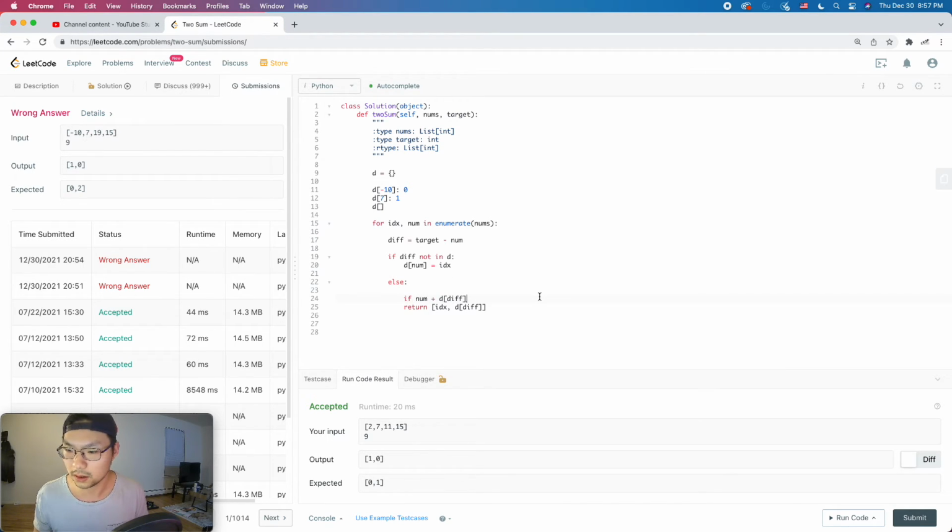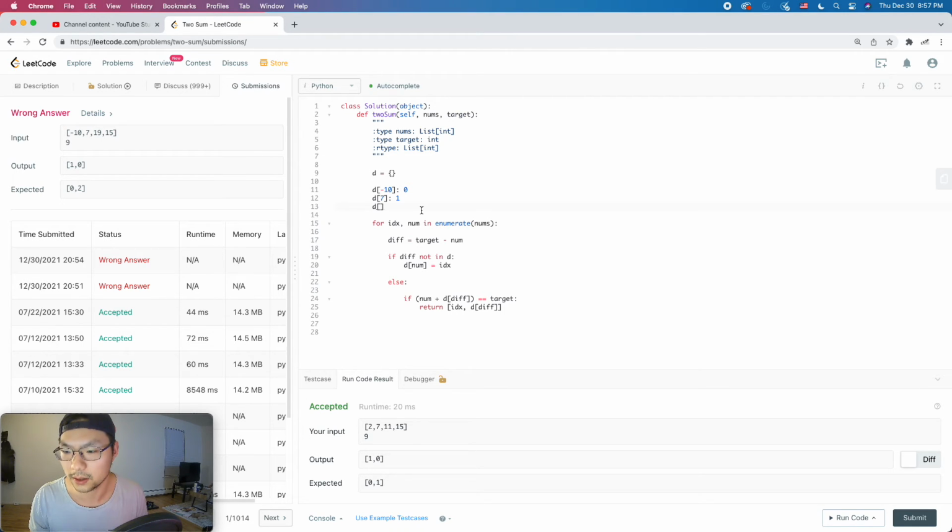If num plus, copy that. Num plus the difference equals target. Then we'll return that. I wonder if there's an else. So from here, we say 9 minus 19 is negative 10. Negative 10 is in the dictionary.